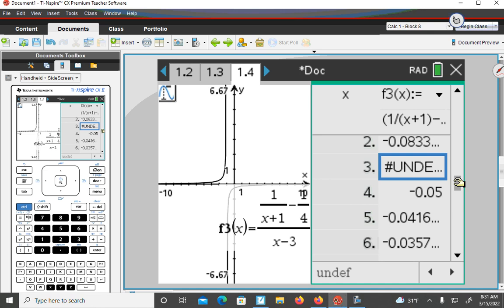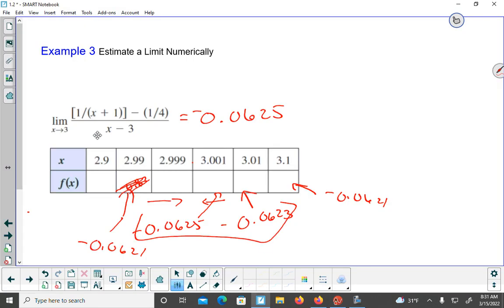Oh my, I said that wrong. Okay, I was looking at the wrong thing before. So this one is saying you want to do the limit as x approaches 3, and that's why I get those, and I agree with those answers.